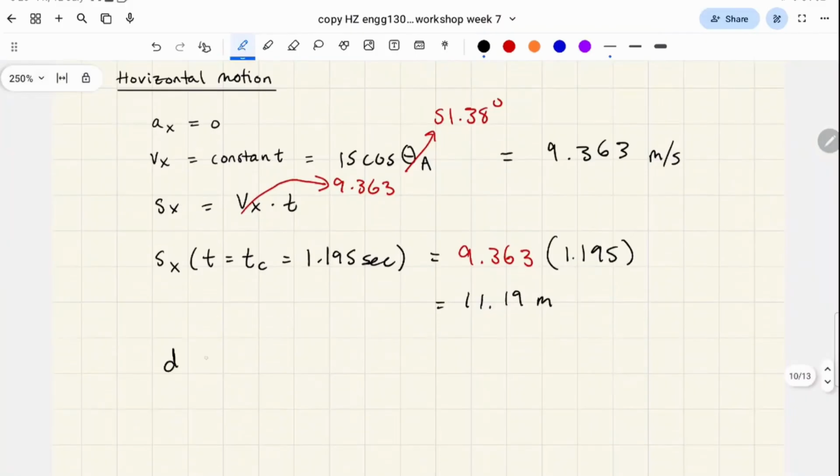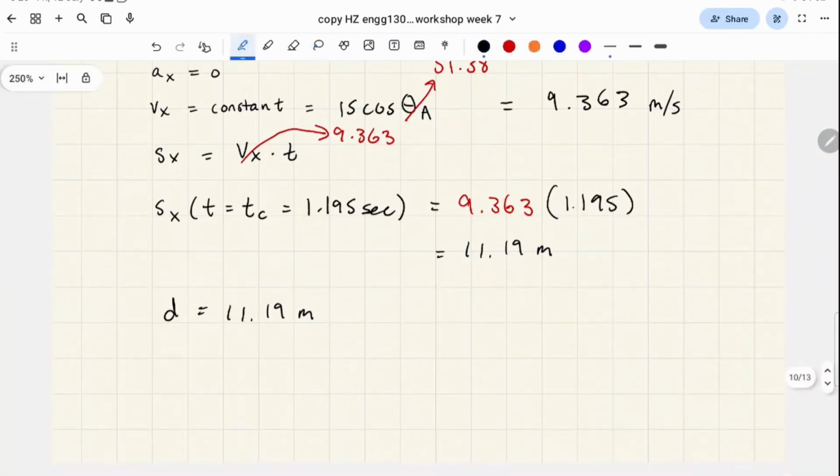And d, that distance, was simply that number. So Sx at t equal to 1.195 seconds minus 4 meters gives us 7.19 meters.